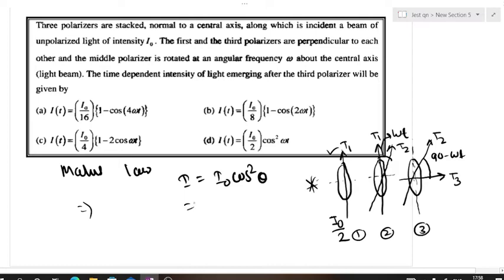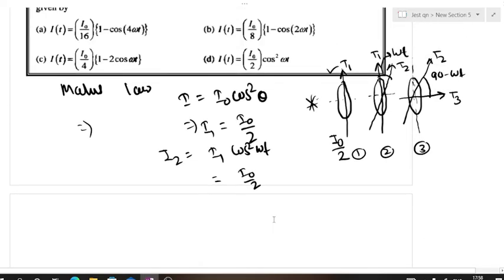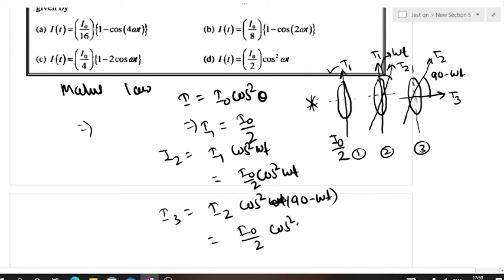So I1 is equal to I naught by 2, and I2 will be I1 cos square omega t. So this will be I naught by 2 cos square omega t, and I3 will be I2 into cos square. This will be not omega t, 90 minus omega t.